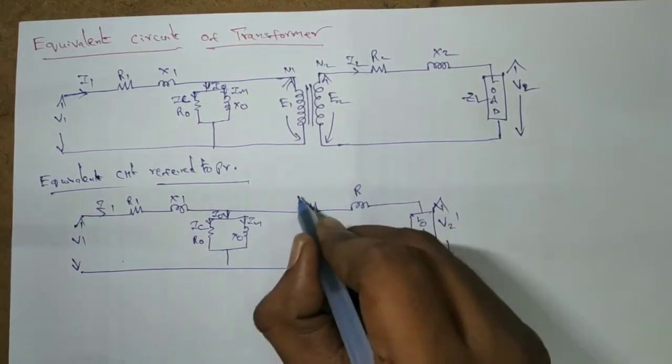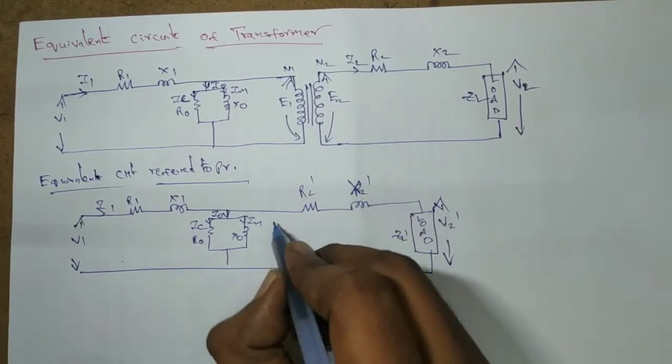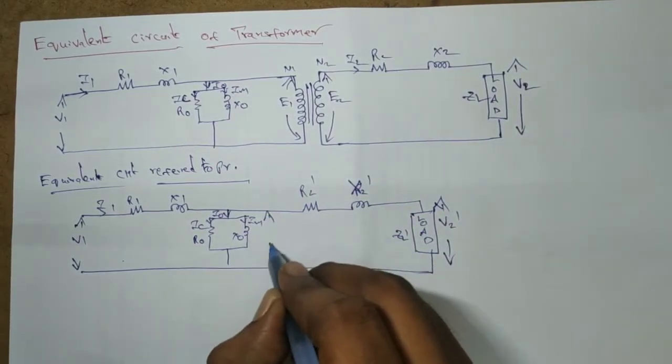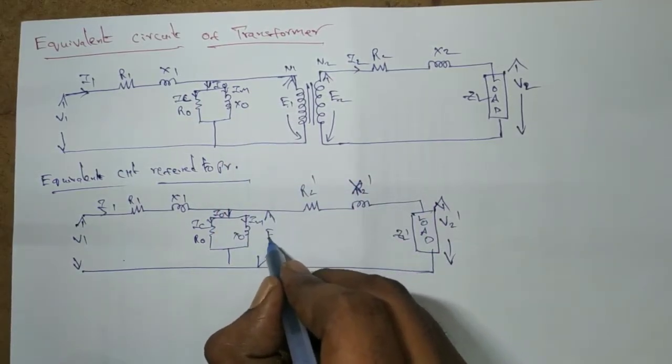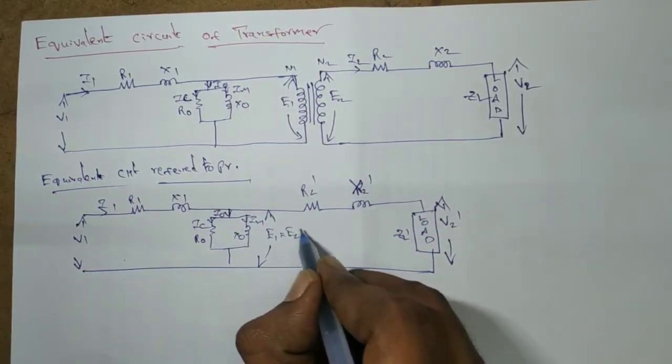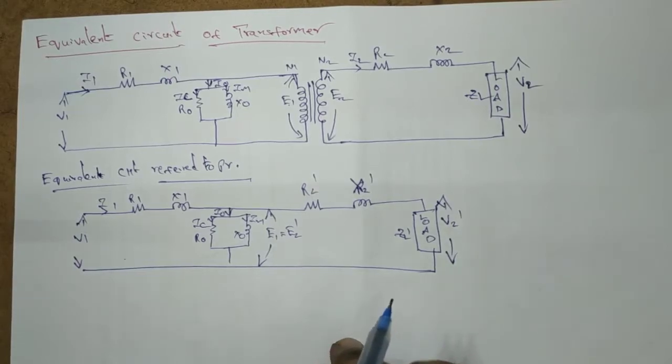And here are XL, X2 dash and R2 dash, because these secondary parameters are shifted to the primary, and the voltage across the no load is nothing but E1 only, which is also equal to E2 dash, because E2 dash is the secondary EMF when referred to the primary.